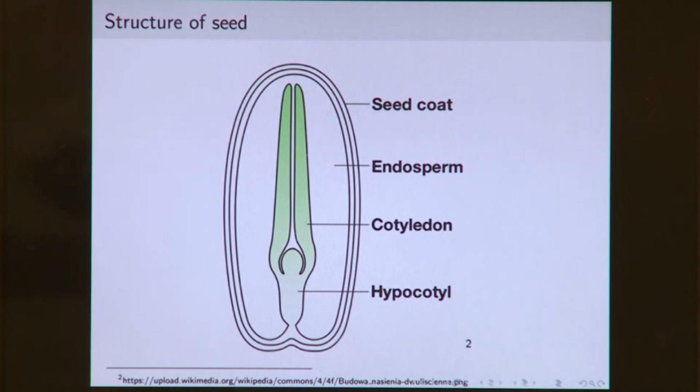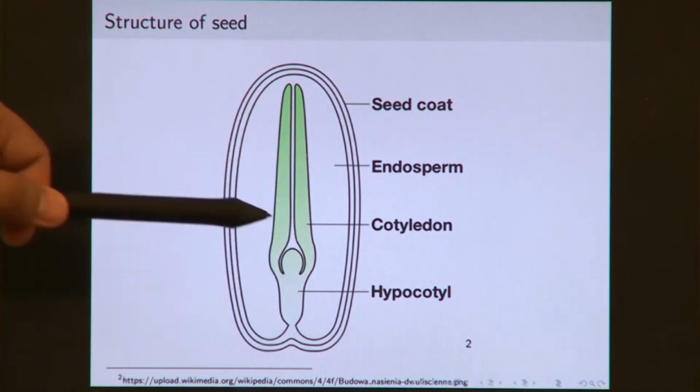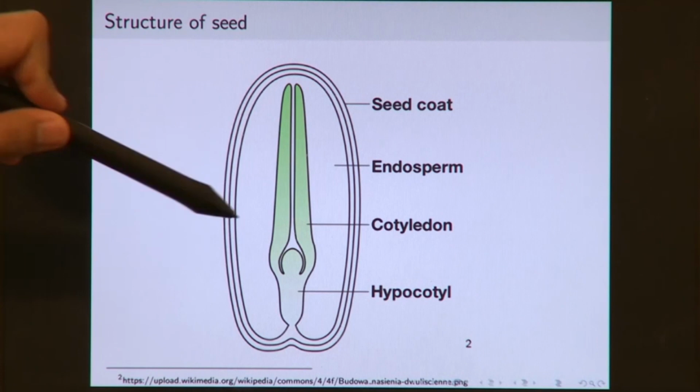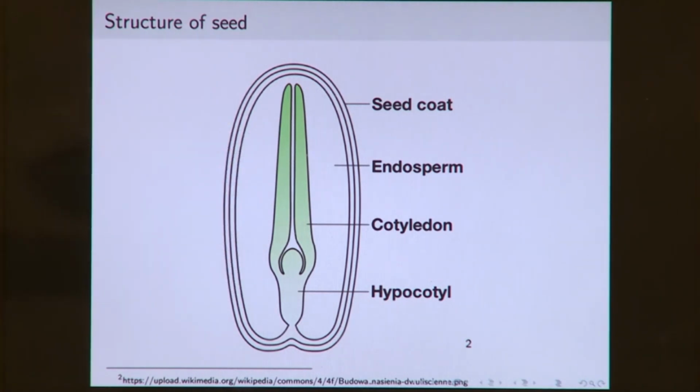Till the leaves are formed and exposed to the sun, the plant needs energy, and that energy is provided by the endosperm. Cotyledons are the leaves of this developing plant and the hypocotyl is the part below the cotyledons.